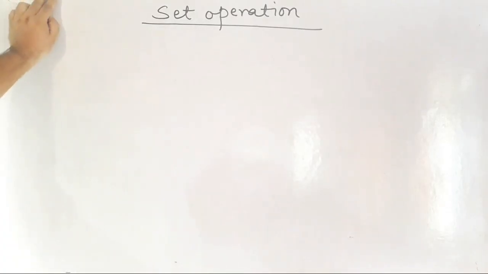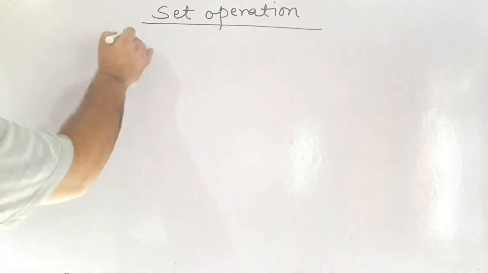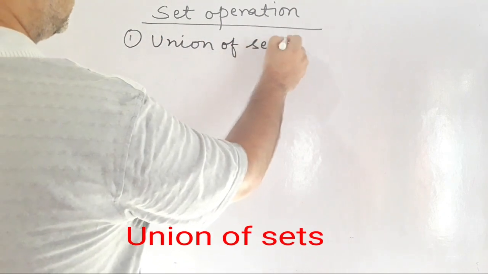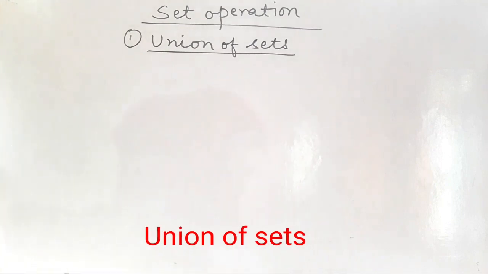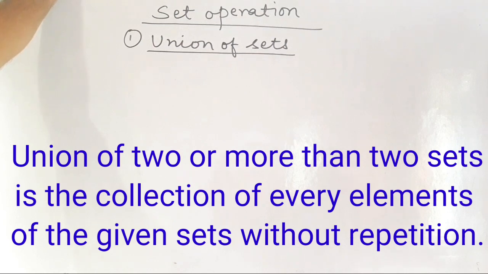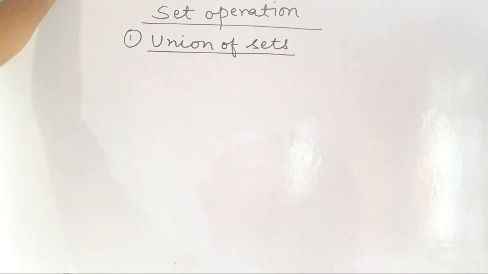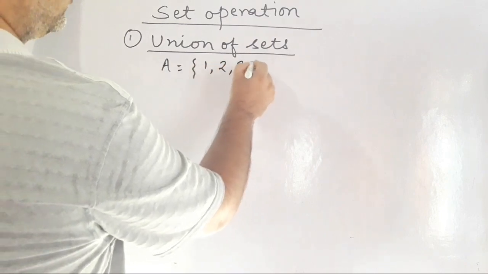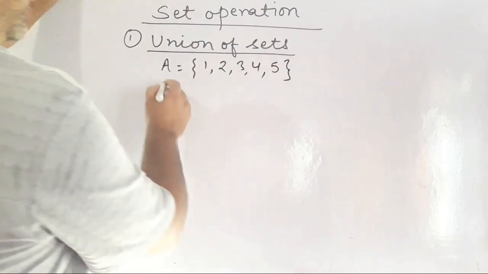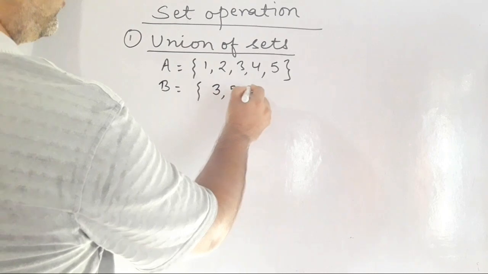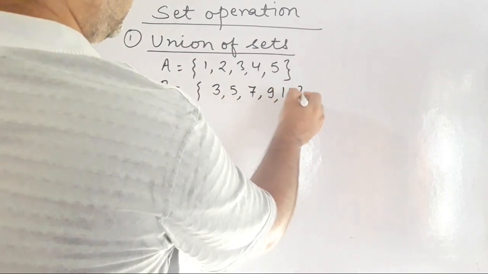Set operations. There are 4 fundamental set operations. The first operation is union of sets. If the elements of 2 or more sets are combined together or listed together without repeating, then such an operation is called union of sets. A is a set having elements 1, 2, 3, 4, 5, and B is a set having elements 3, 5, 7, 9, 11.